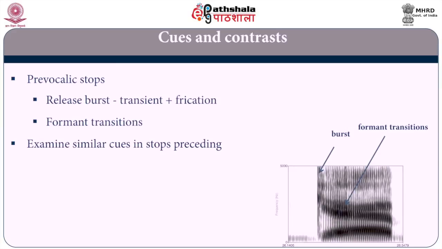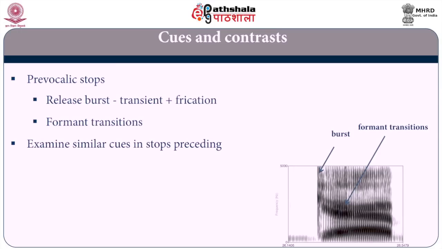It is followed by a formant transition. But the way this burst and formant transition organize themselves differs for different syllables. So you can look at a spectrogram to see how pla is different from, say, cla.